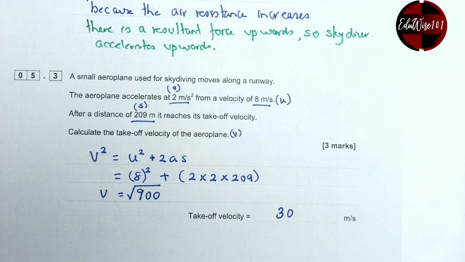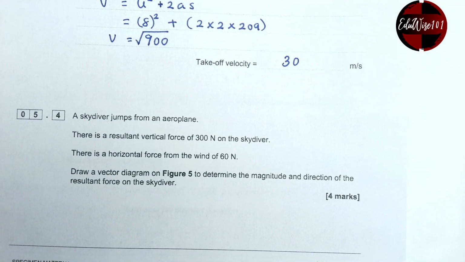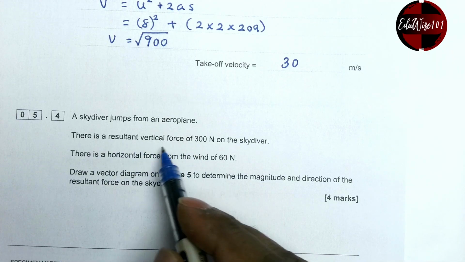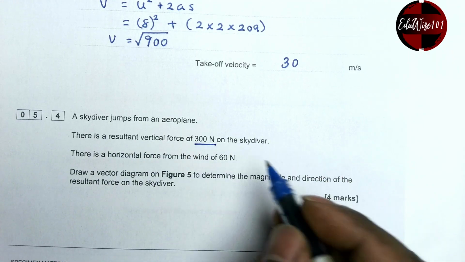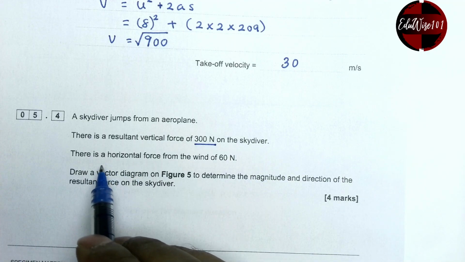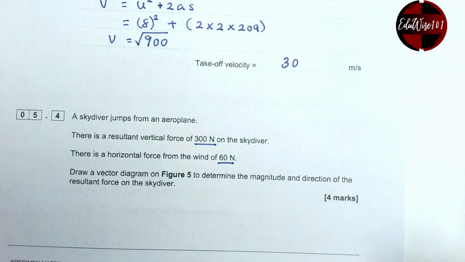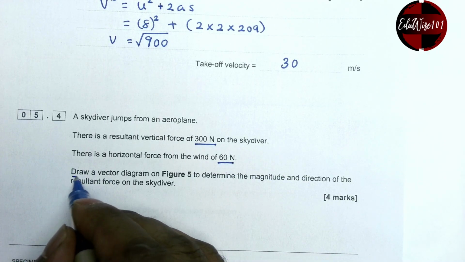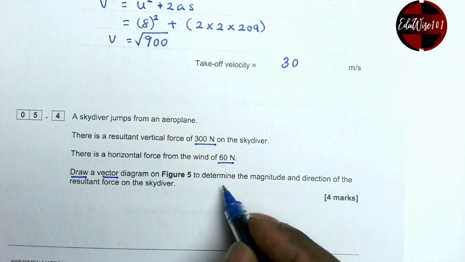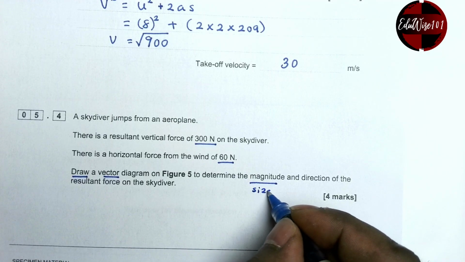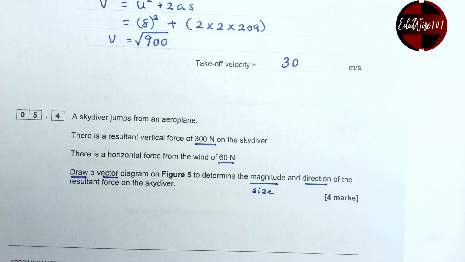Question 5.4. A skydiver jumps from an aeroplane. There is a resultant vertical force of 300 newtons on the skydiver. There is a horizontal force from the wind of 60 newtons. Draw a vector diagram to determine the magnitude, which is the size, and direction of the resultant force.